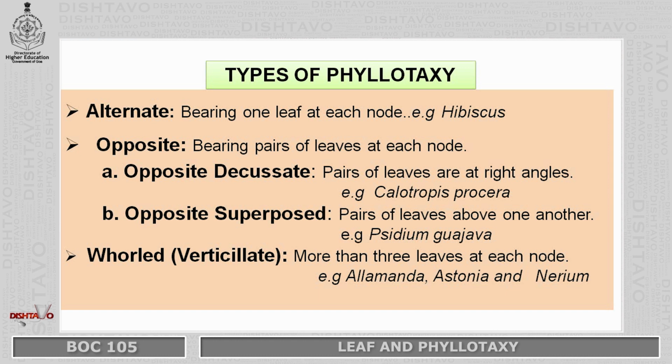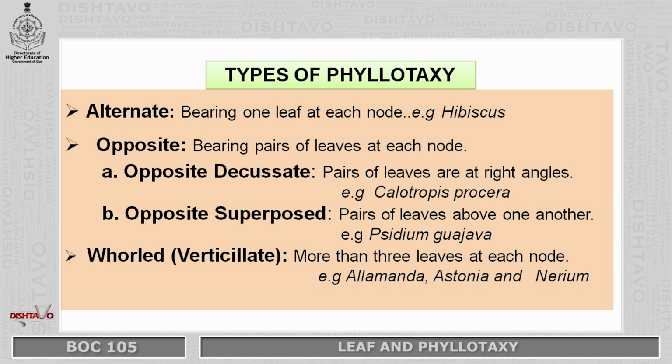Then opposite phyllotaxy is bearing leaves at each node, but the pairs of leaves are perpendicular to each other. First pair and then the next pair will be perpendicular to the first one, is seen in Calotropis procera. Then opposite superposed, where pairs of leaves are exactly above one another, as seen in Psidium guajava.